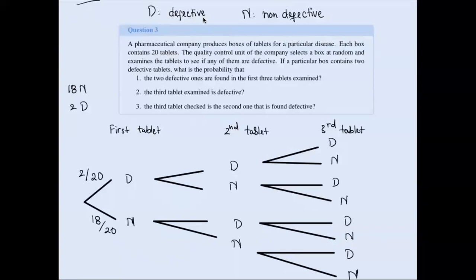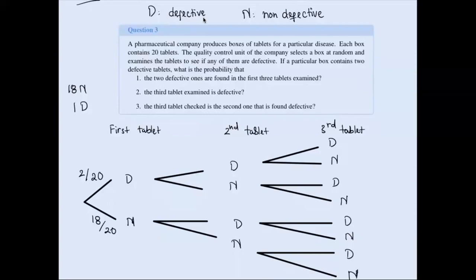Next one, we move on to the result for the second tablet that we examine. If the first tablet is defective, then we are only left with 1 defective when we examine the second tablet, right?